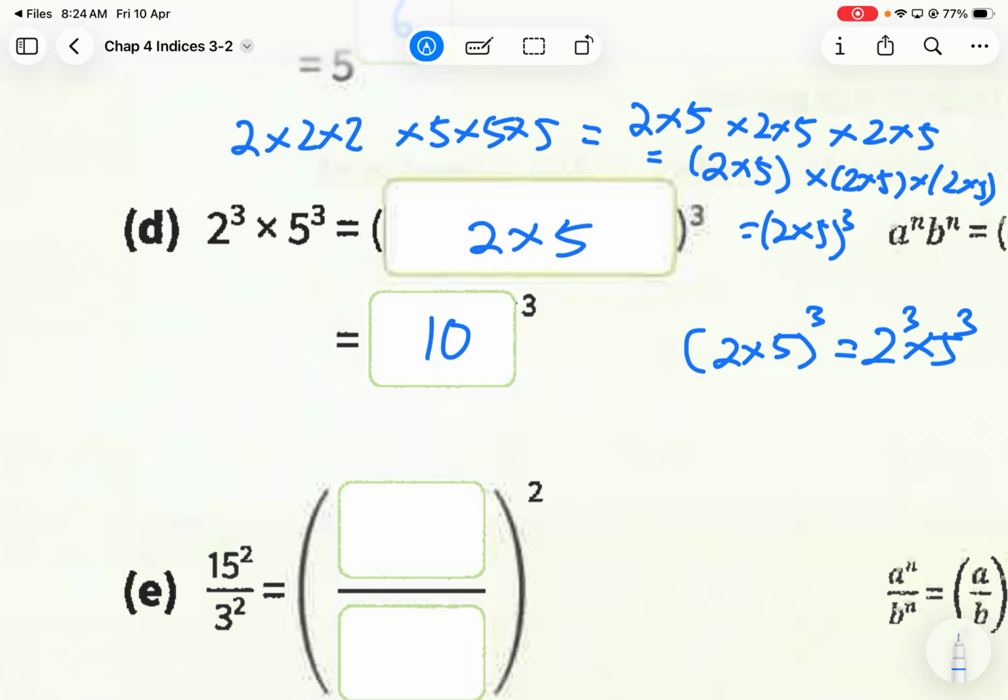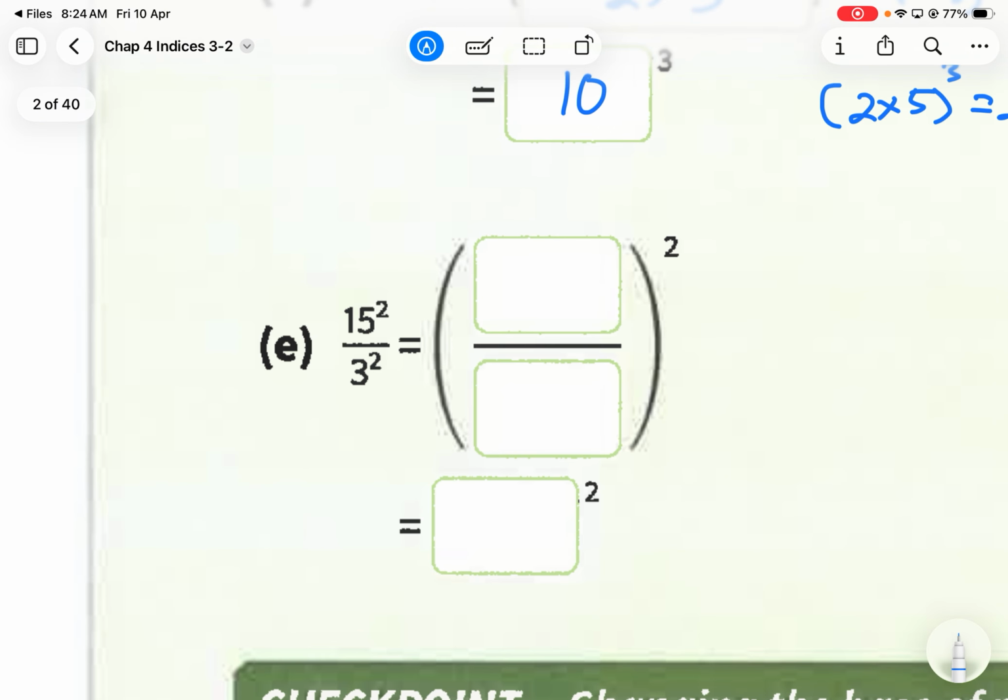Okay? Then the last one. Actually, last one and the fourth one is the same one. Multiplication, this one division. So 15 square over 3 square, also same. I can take out the square, then become 15 and 3 inside.